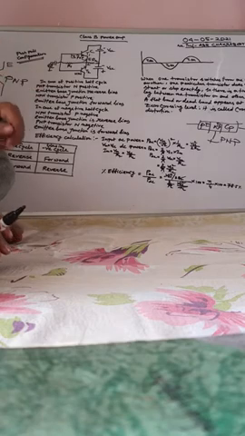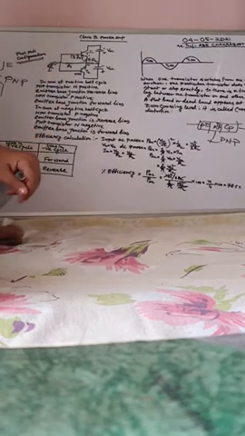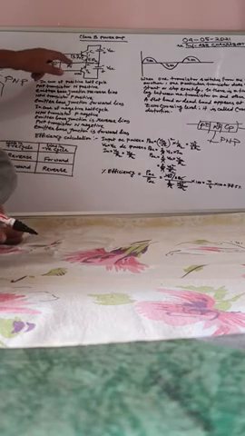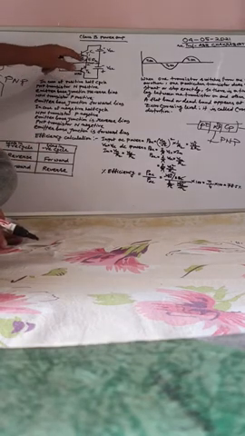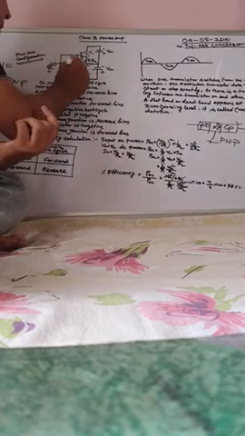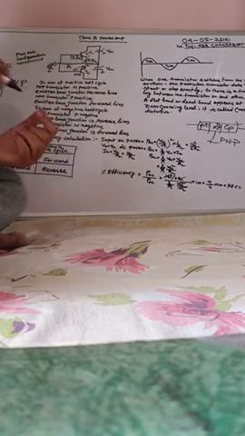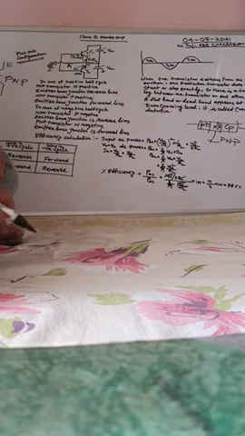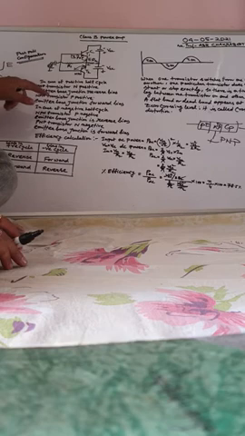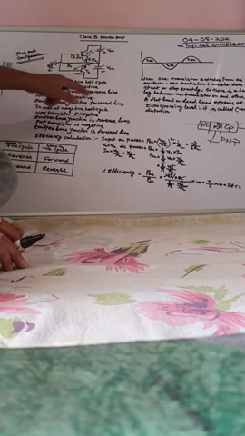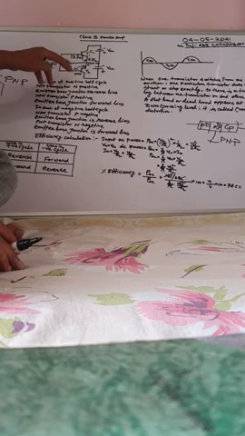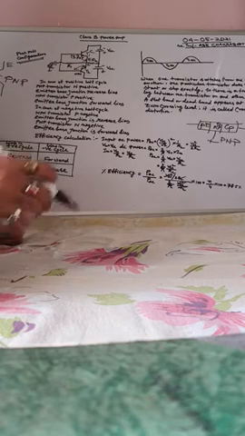But in case of the NPN transistor, P is connected with positive. P connected with positive means the emitter base junction is forward biased.